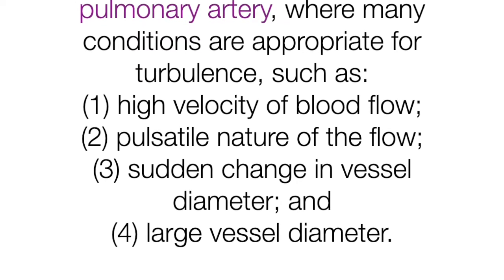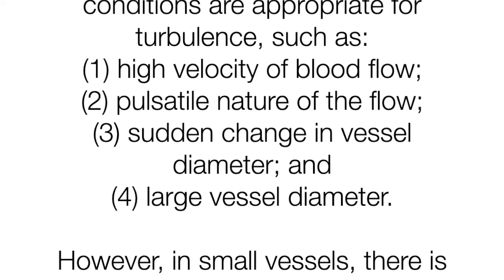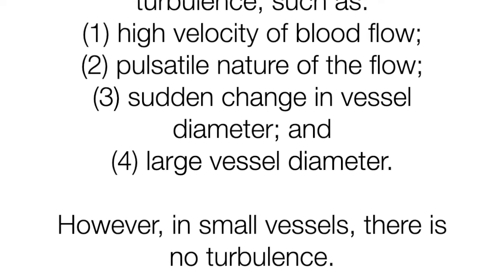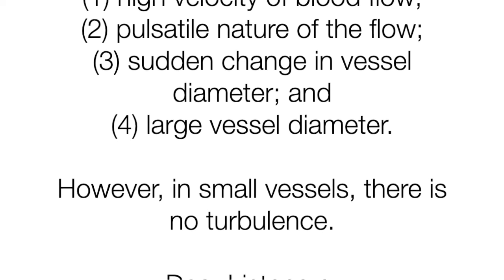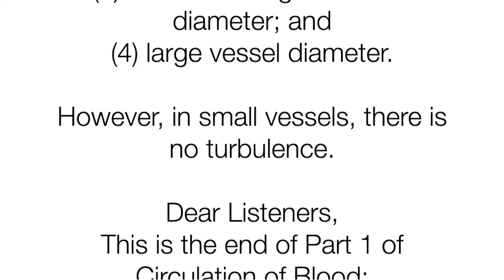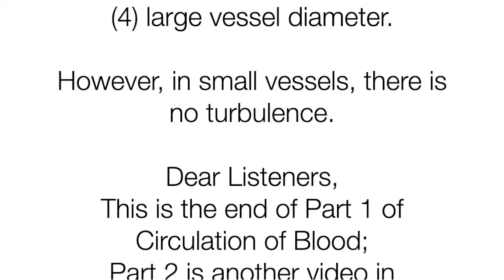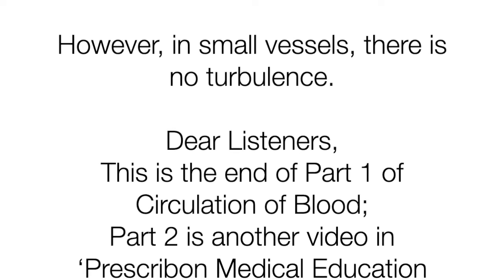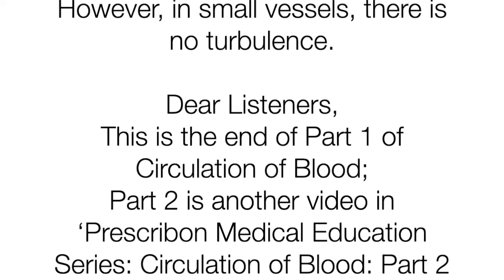High velocity of blood flow, 2. Pulsatile nature of the flow, 3. Sudden change in vessel diameter, and 4. Large vessel diameter. However, in small vessels, there is no turbulence.